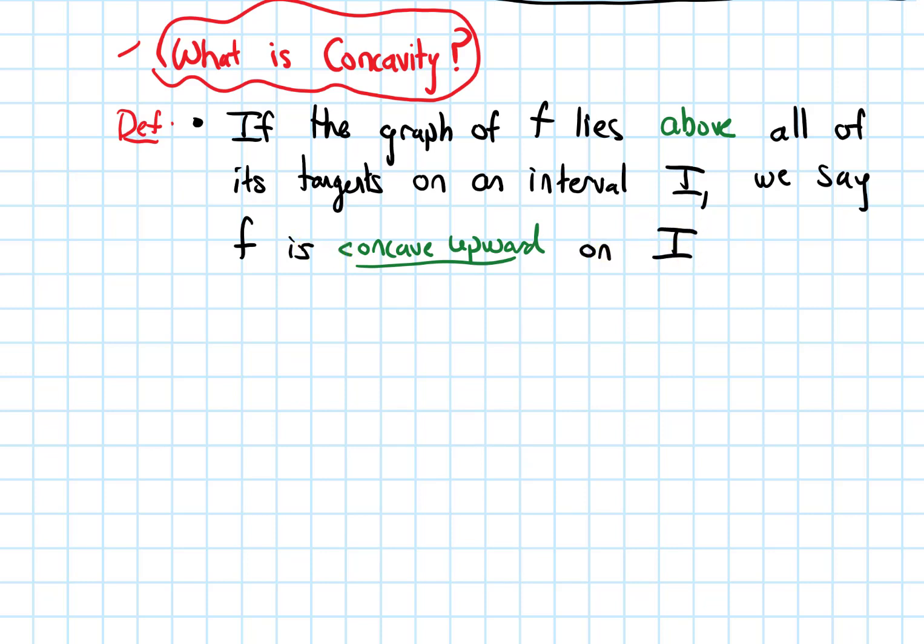Sometimes I'll abbreviate concave upward by writing CU. There's a similar definition for concave downward. So I'm just going to put a bunch of quotes here. A bunch of these words are going to be the same. The quotes just mean a bunch of words are the same. And then the difference is if the graph of f lies below all of its tangents on an interval I, we say that f is concave downward.